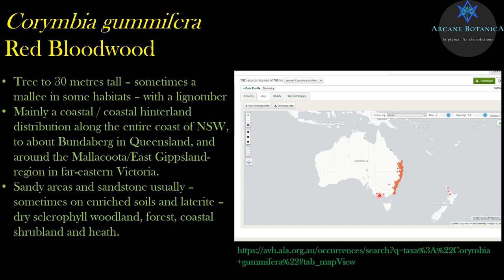So if that was actually Corymbia gummifera, that one there, that would be very interesting because it's well and truly west of the western extent. I'm thinking it could have been a misidentification of another eucalypt that I know really well, which has a trunk like Corymbia gummifera out this way.